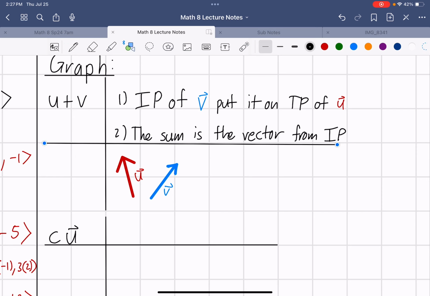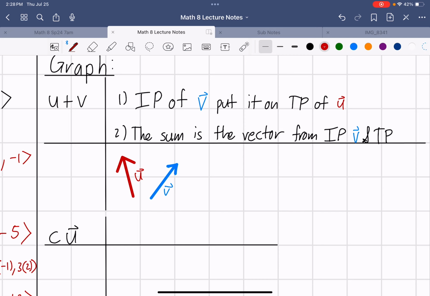It's a very long explanation, but the sum is a vector from initial point v and terminal point u.